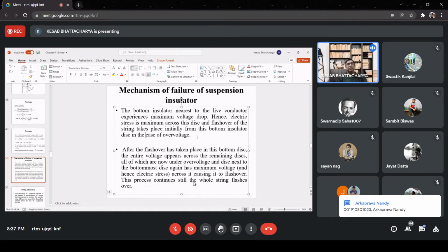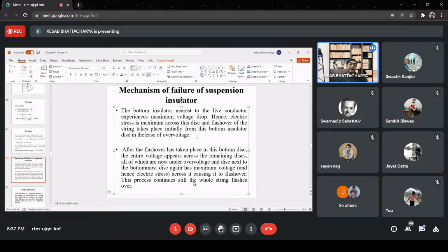In this way, the live potential is transmitted to the other disks and moves in the upward direction, and finally complete failure of all the insulators, in terms of flashover, occurs and the live potential is directly connected to ground, causing total flashover of the insulator and a dead short circuit.